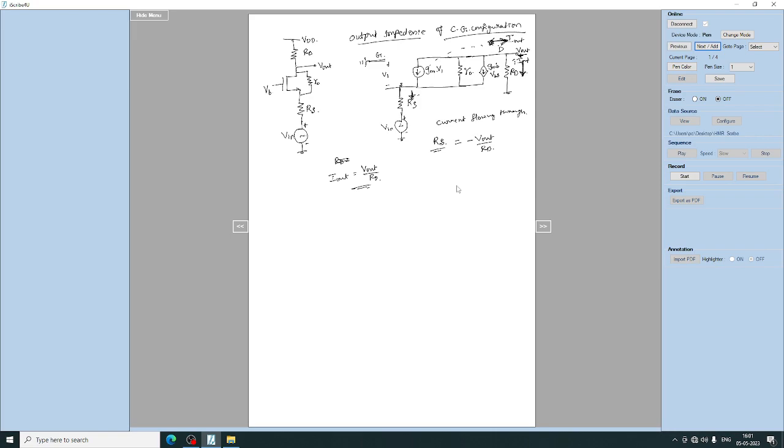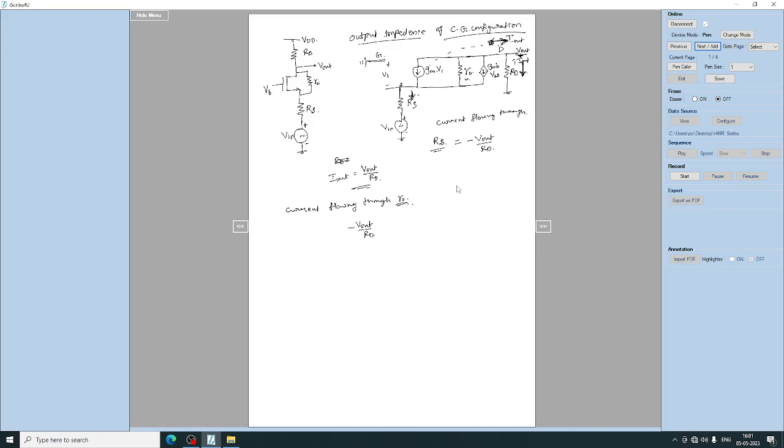So this is one of the currents we have obtained. Another is the current flowing through R naught, the channel length modulation. The total current is nothing but I out, in the opposite direction, which I will write as minus V out by RD.